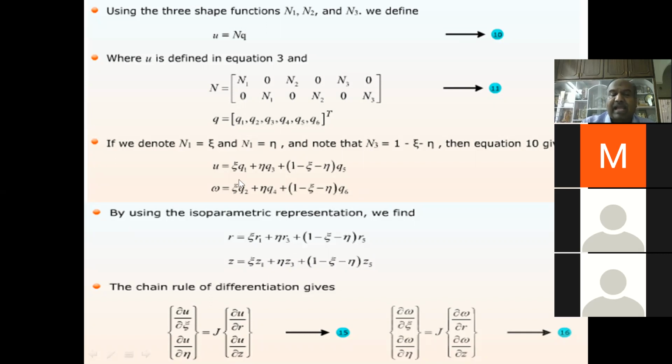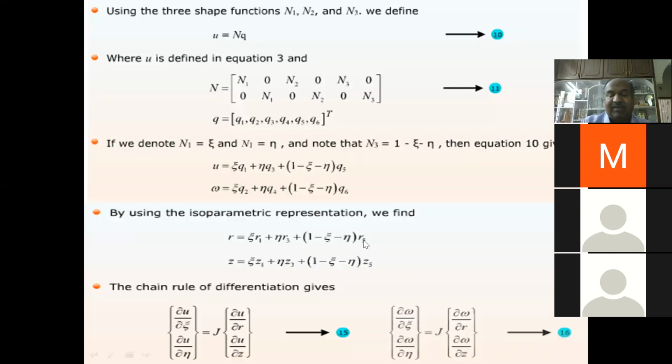The same way you can write the isoparametric representation of the element, replacing u by r, then accordingly q by the geometry. So r equals summation n_i r_i. When you expand N1, N2, N3, that becomes N1 is xi, xi R1, N2 is eta, eta R2, and 1 minus xi minus eta R3.